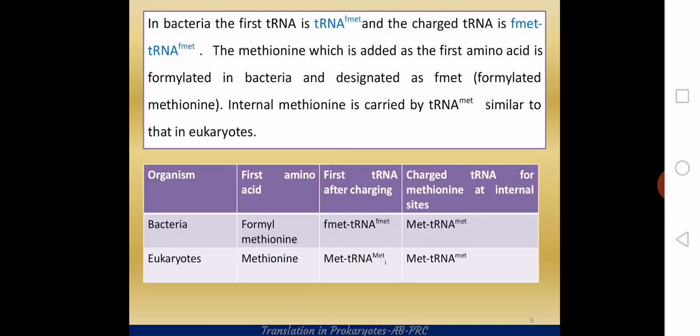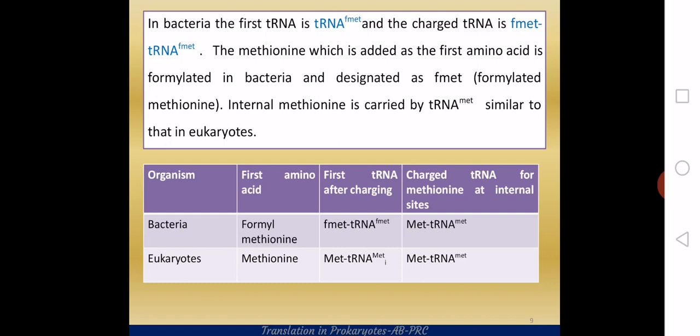Then in bacteria, so in this presentation we will focus on bacterial translation. Right. In bacteria, the first tRNA to be used for translation is tRNA fMet. That means the tRNA responsible for carrying fMet. So what is fMet? fMet is nothing but formyl-methionine. That is the first amino acid to be added for protein synthesis. It's a formylated methionine, not the normal methionine.